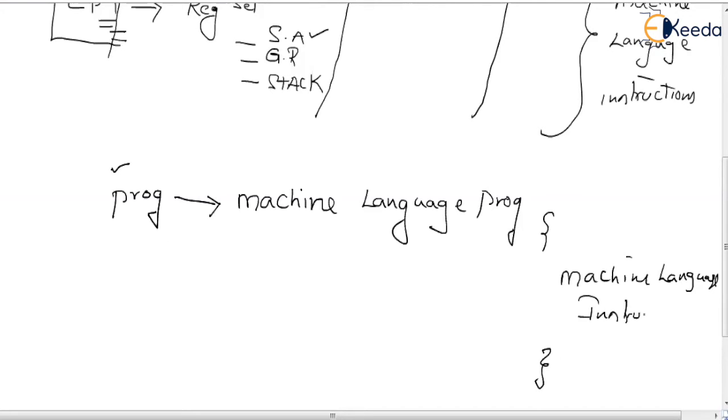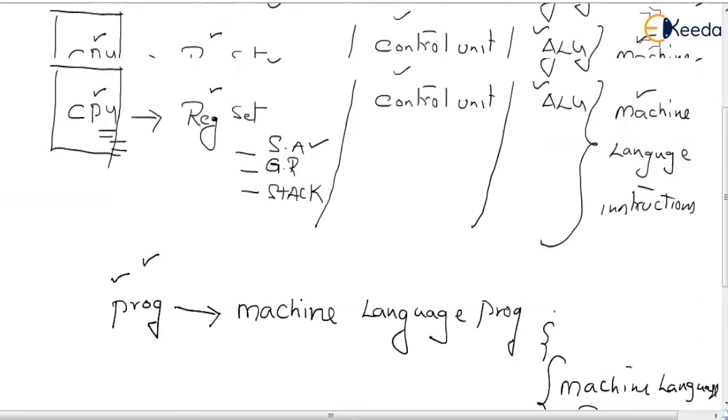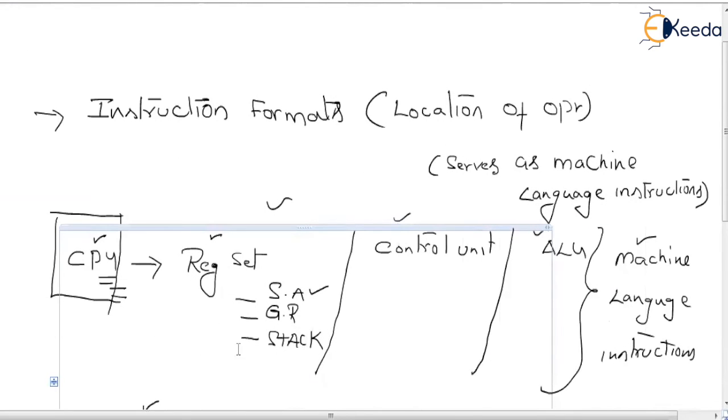Now, if your program has to be converted into a machine language program, which is a set of machine language instructions, first of all, we should be able to design and define these machine language instructions that are supported by our CPU. Every CPU will have its own set of machine language instructions.